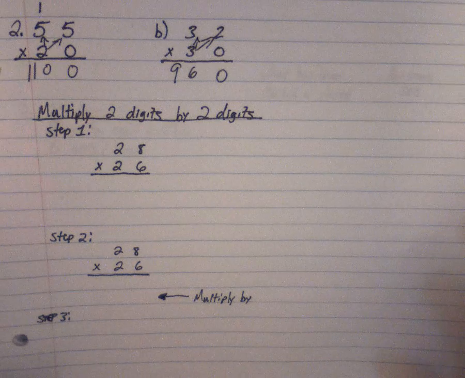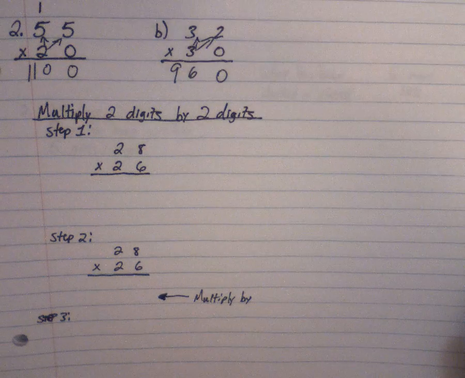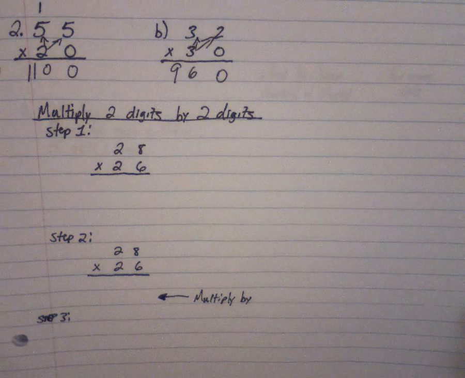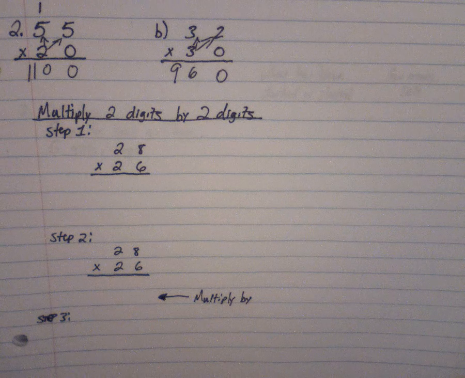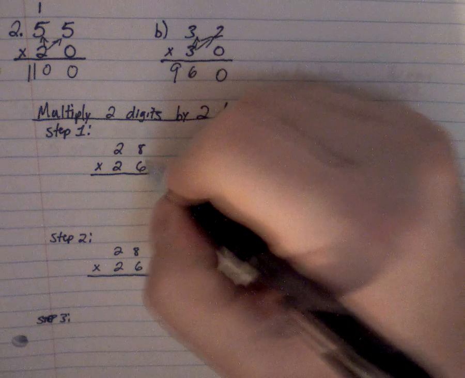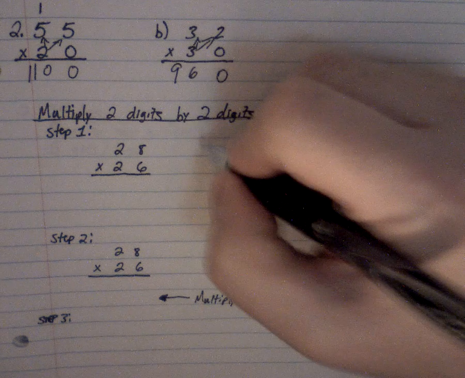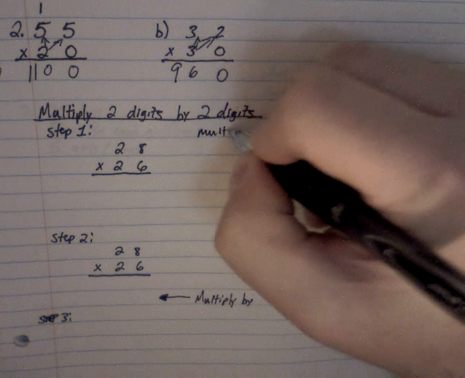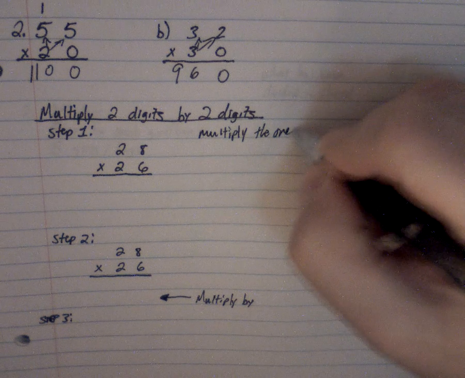So I'm going to take you through, and we're just going to look at step number 1. And so step number 1 is pretty simply, what we do is we multiply the 1s. That's going to be step number 1. So step number 1, multiply the 1s.